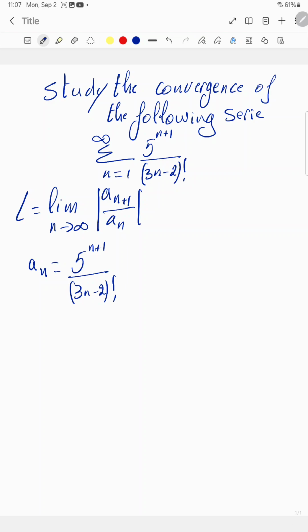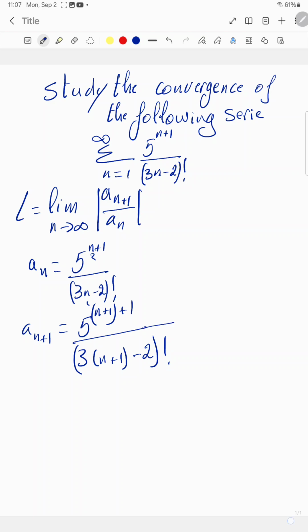So let's calculate a(n+1). All I have to do is replace every n in my series by n plus 1. Instead of the n that I have, I put n plus 1, and the plus 1, I keep it, divided by 3 times (n plus 1) minus 2, and all that factorial.